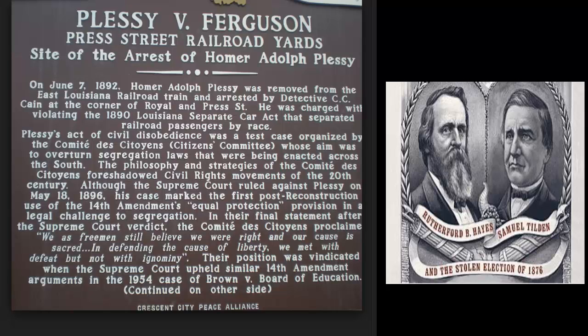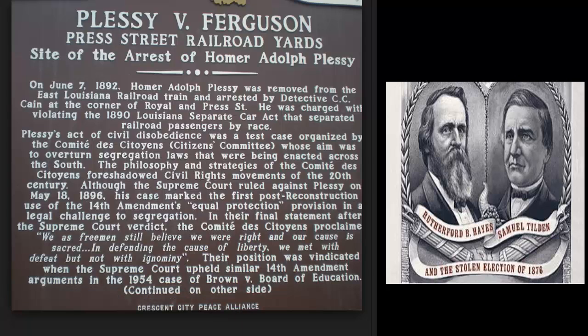So this case that we've all heard of, the whole separate but equal doctrine, validated basically the constitutionality of Jim Crow laws throughout the South. Segregation laws. Jim Crow laws, segregation laws, the same thing.